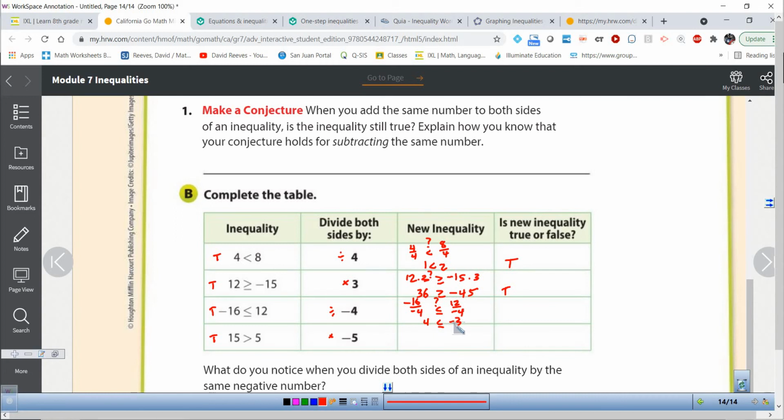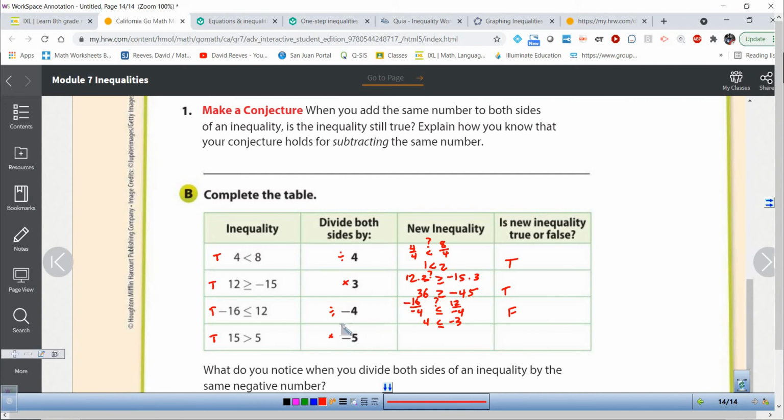Is 4 less than or equal to -3? No, that is false. I divided by a negative and it went from being true, -16 is less than 12, to false.